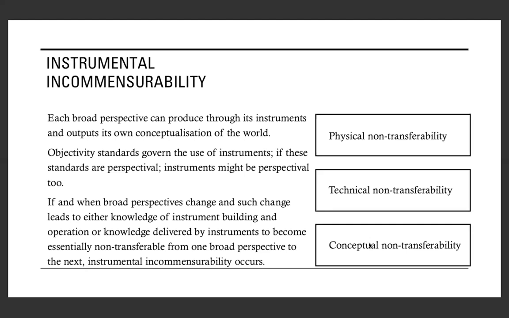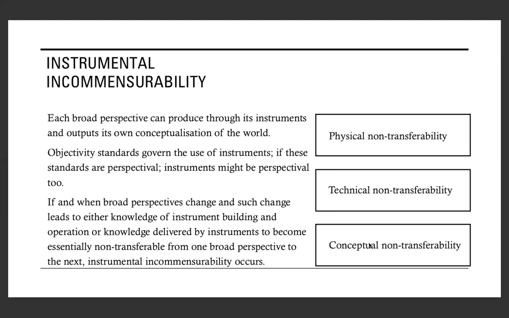The dependence of instruments on objectivity standards might be problematic if objectivity standards turn out to be perspectival in the way just described. So the attendant challenge that would emerge from understanding the dependence of scientific instruments on broad perspectives would be a kind of instrumental incommensurability.